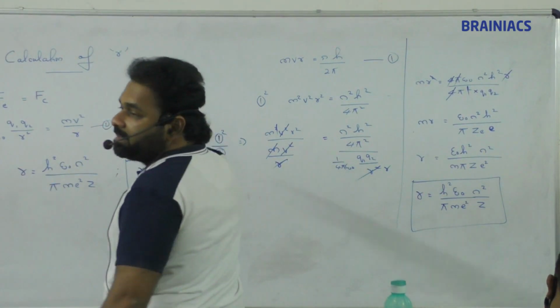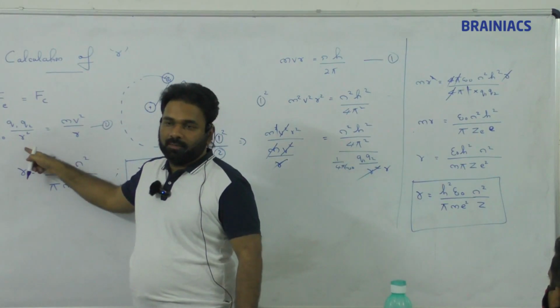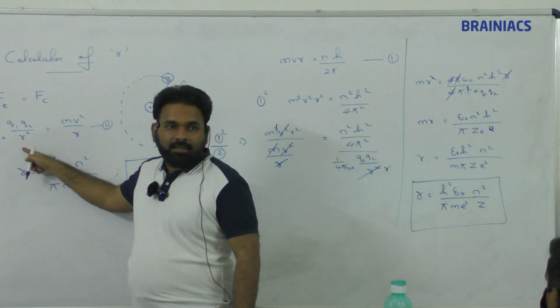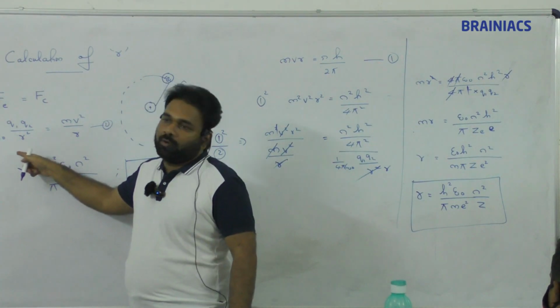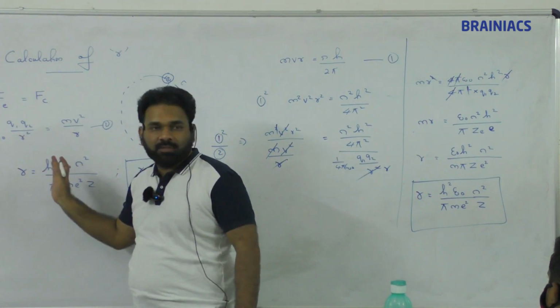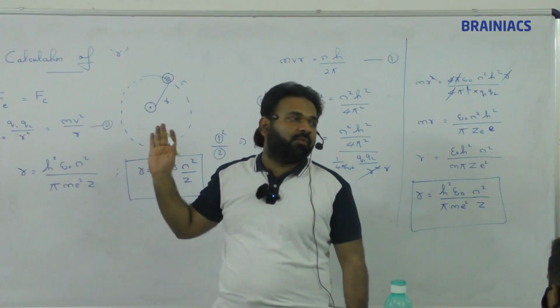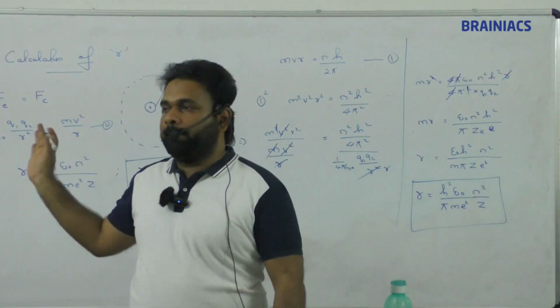This understanding is important. Suppose they ask directly like this, if your basics are strong, no problem. I am just giving you the steps because we must have clarity on what is involved here. So this is very simple.